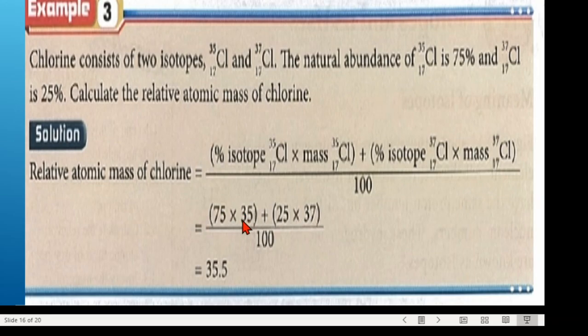So you multiply first, then you get the answers. Then you add, and then you divide. The answer you divide by 100. You will get 35.5. Okay, so the 35.5 is the relative atomic mass of chlorine.